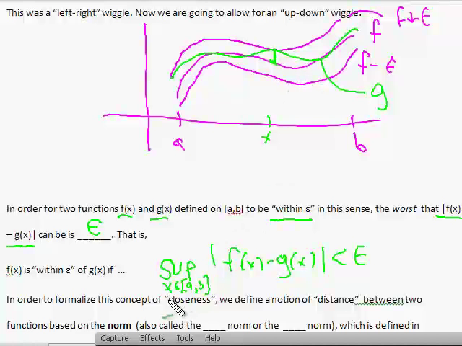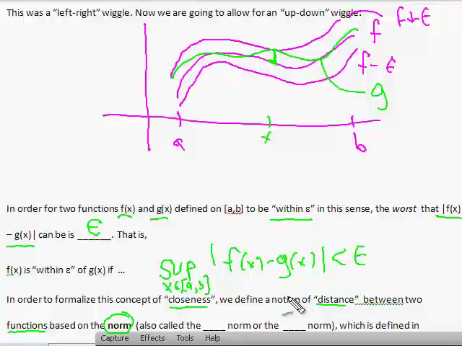So let's formalize this concept of closeness. We're going to make it depend on a notion of distance between two functions. Now, you're used to distance between two points in two dimensions or three dimensions. We can generalize this notion of distance. The general mathematical term for a generalized distance is called a norm. And a mathematical norm should have the properties that we typically associate with the distance between points in space.